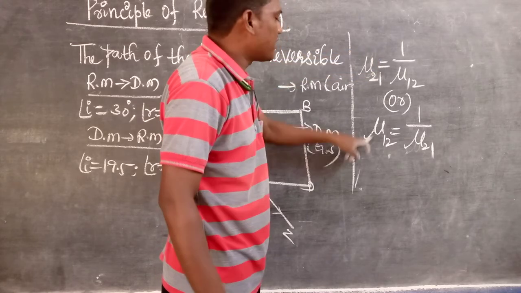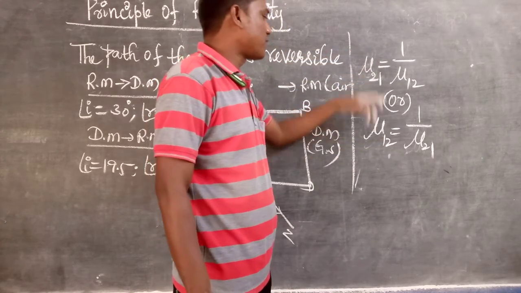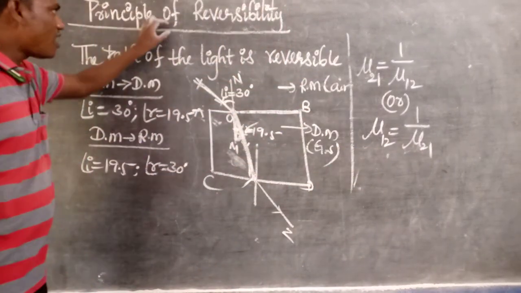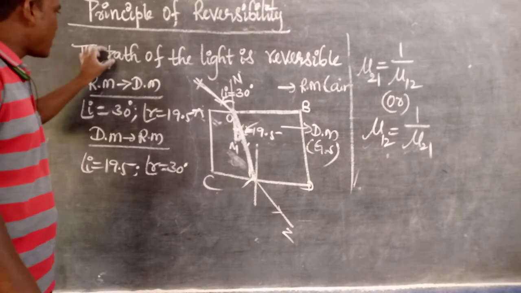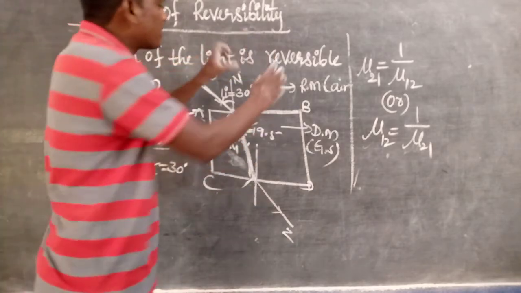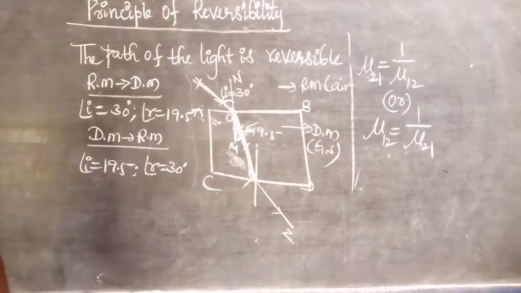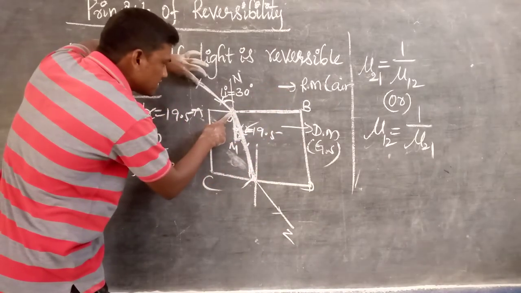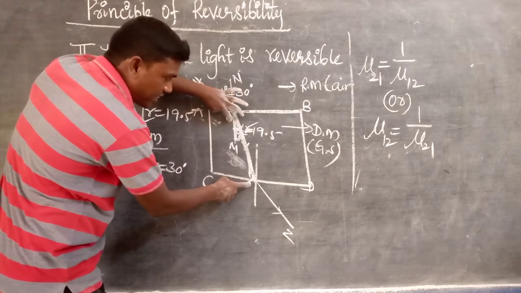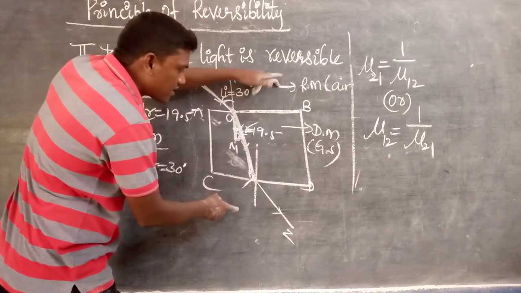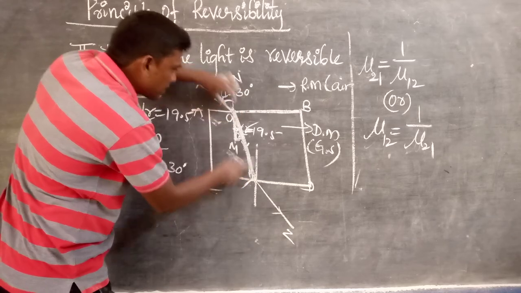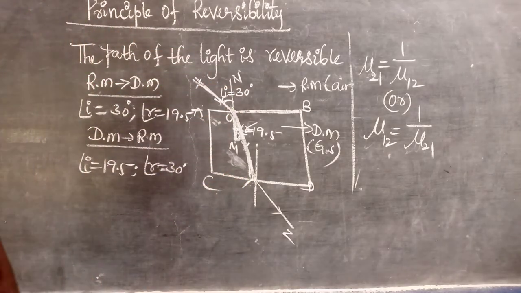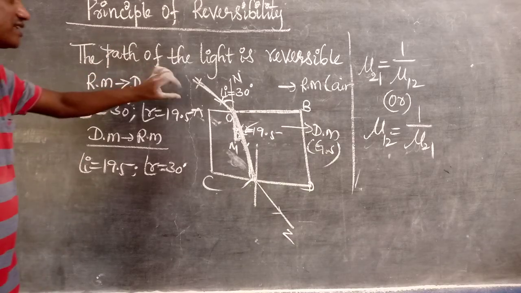Which mode is this? Reverse mode. That's why this is called the principle of reversibility. It is nothing but the path of the light being reversible for suitable angles. When light travels from rarer to denser, XO is the incident ray and OY is the refracted ray. If light travels from denser to rarer, this is the incident ray and that is the refracted ray for these angles. So the path of the light is reversible.